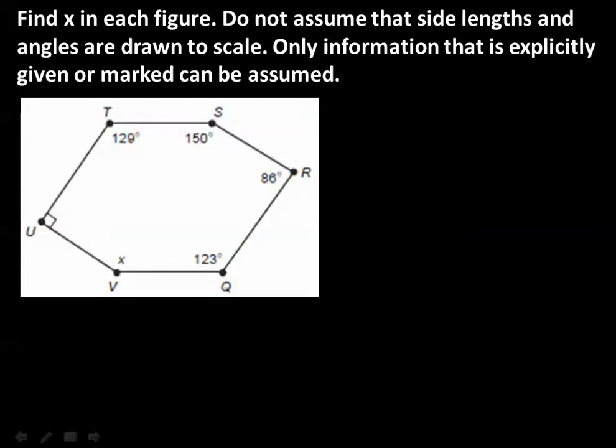Okay, let's look at this one. This is our last example. Let's see what we got going on here. 2, 3, 4, 5. Oh, this is a hexagon as well. So I'm going to have 180 times n minus 2.